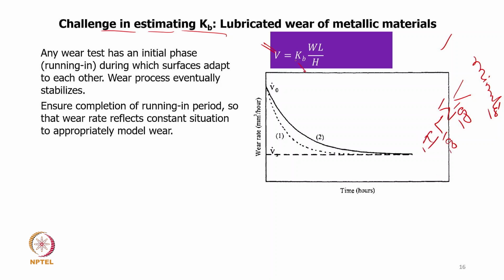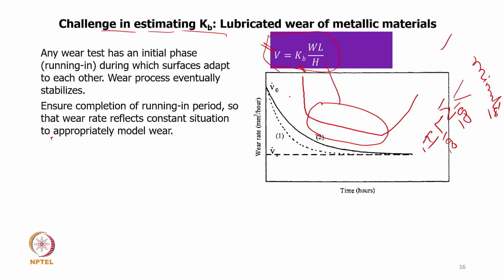They calculate KB directly from this. My feeling is that this is not really correct, because this equation can only be utilized for the steady state. That's what we have said. The wear volume reduces and then goes stationary, the steady situation. So this equation is only applicable for this zone, not for the starting zone.